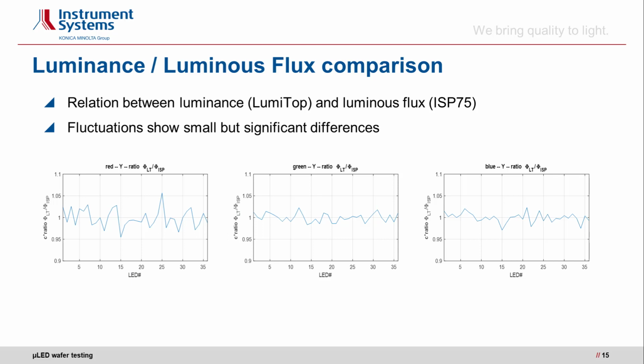But what we see is that we have certain fluctuations from die to die, and this is not just measurement uncertainty. These are significant differences of this relation for individual dies. We see that some dies have a fairly high ratio and some have a fairly low ratio. So it's not easy to convert these values into each other. And basically the same is more or less valid for all colors.